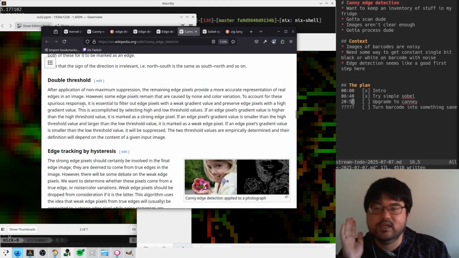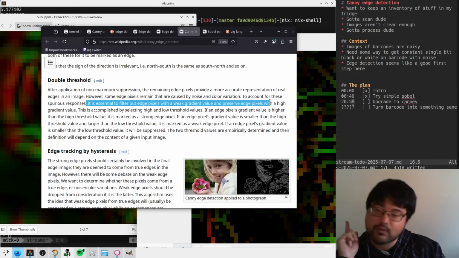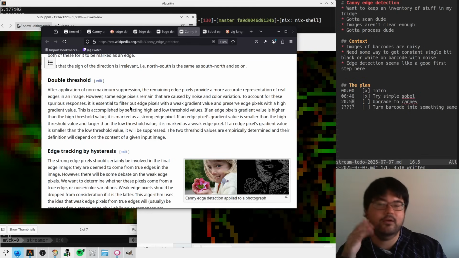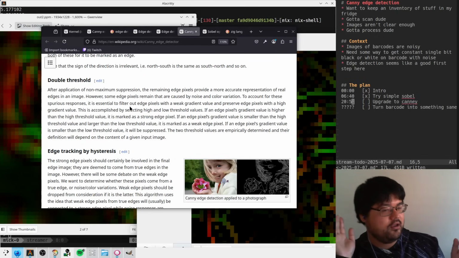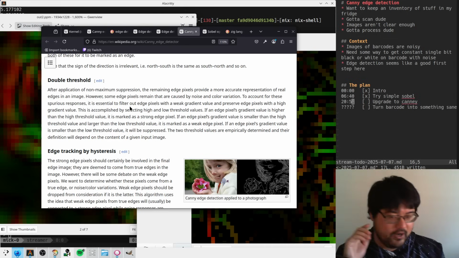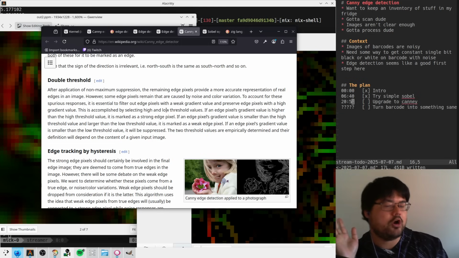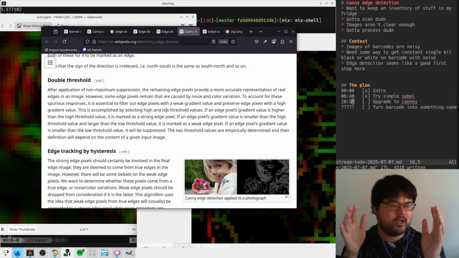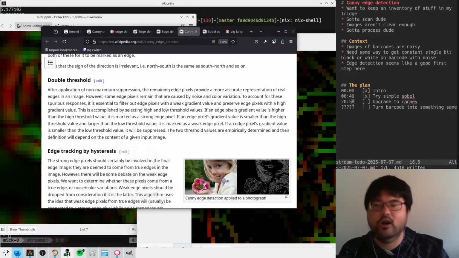To account for these, it is essential to filter out edge pixels with a weak gradient value and preserve edge pixels with a high gradient value. So you could just say, hey, discard anything under a certain value, right? But you can also say, discard anything under this value, but also mark anything below another value as kind of unsure, right?